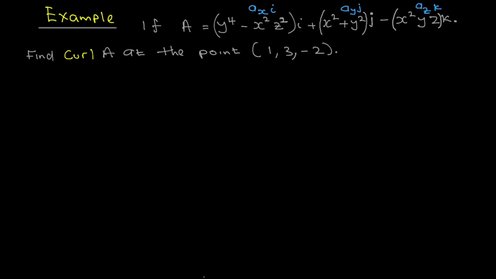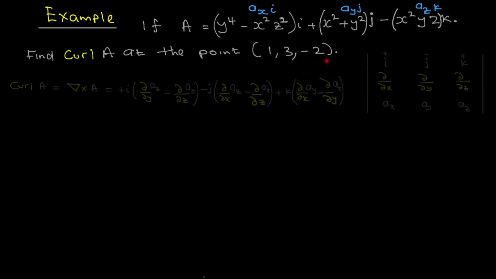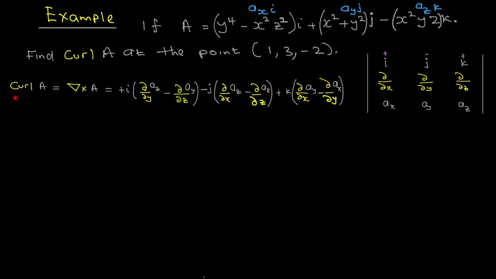Here's an example. If you have a vector A, find curl A at the point 1, 3, minus 2. So now we're doing curl A, and that would be del cross A as a cross product or vector product. And so we put it in i, j, and k, where this is plus, minus, plus. We write the nabla here and the vector there.